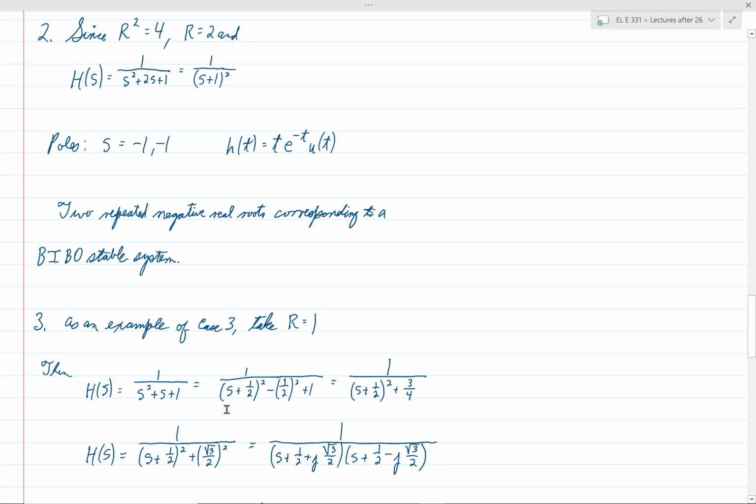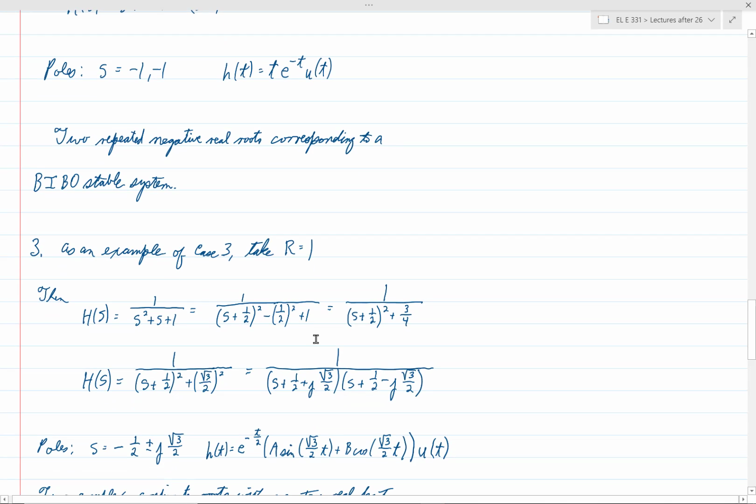And so doing the usual trick of completing the square, we see that H(s) could be written as 1 over (s + 1/2) squared plus 3/2, or in other words, 1 over (s + 1/2) squared plus (square root of 3 over 2) squared.